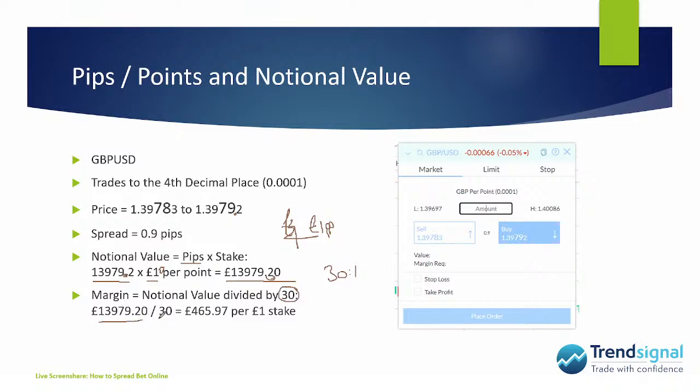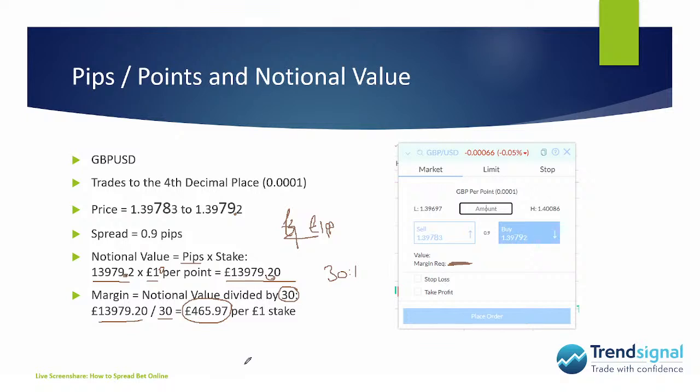That means if you wanted to do a pound per point of pound against the US dollar at that price, you need £465 on your account. Usually a broker will put that into the platform and explain what it is.